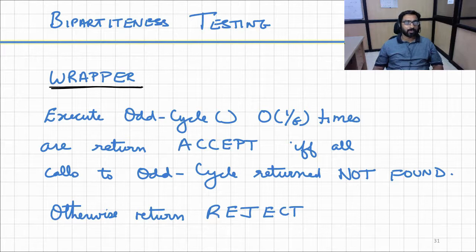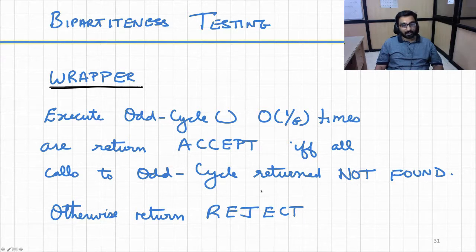All we do in this wrapper is that we execute the odd cycle subroutine some O of 1 over epsilon times, and then we wait to see if there's any one odd cycle call that comes back with saying that it found an odd cycle. If it found an odd cycle, then we will immediately reject.